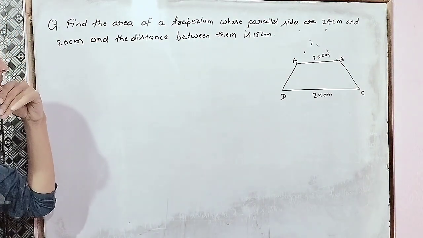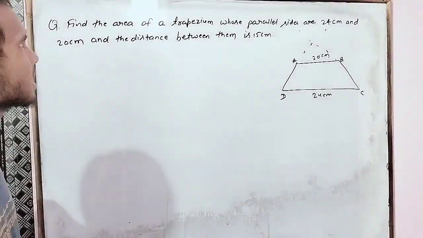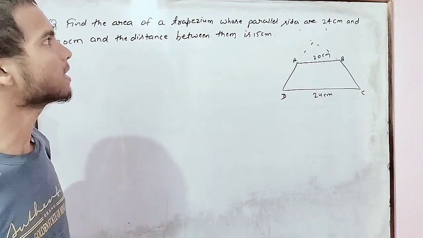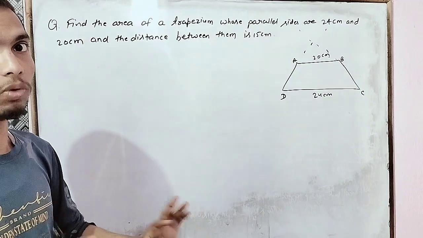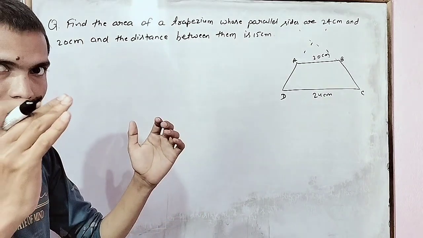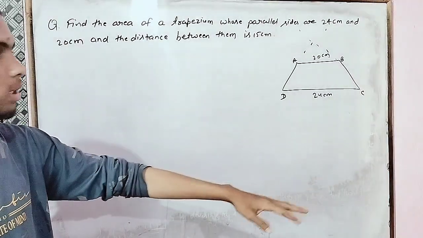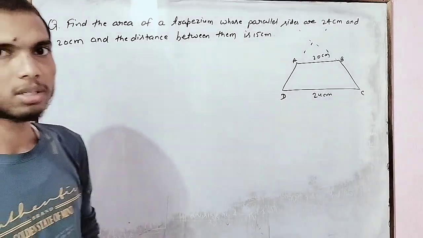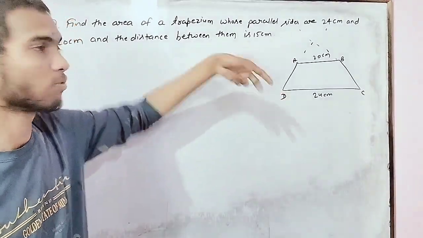Now let's understand this question. What is this question saying? Find the area of a trapezium whose parallel sides are 24 centimeter and 20 centimeter. So one line is 20 centimeter, which is less than 24 centimeter. And the distance between them is 15 centimeter.